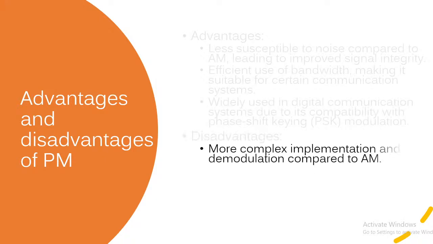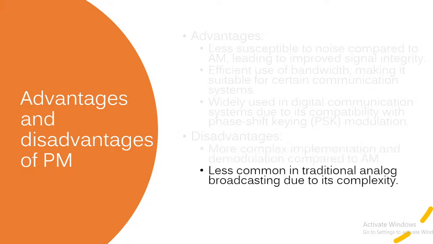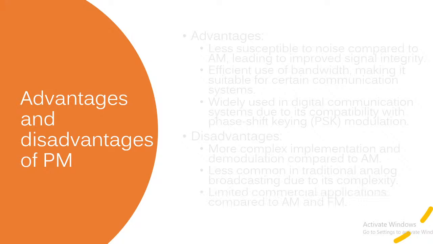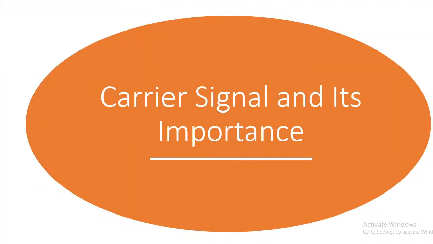Next, disadvantages are that it is more complex to implement and demodulate, with complex circuits, and less common in traditional analog broadcasting due to the complexity of the circuit, with limited commercial applications. Compared to AM and FM, the commercial application is minimal.